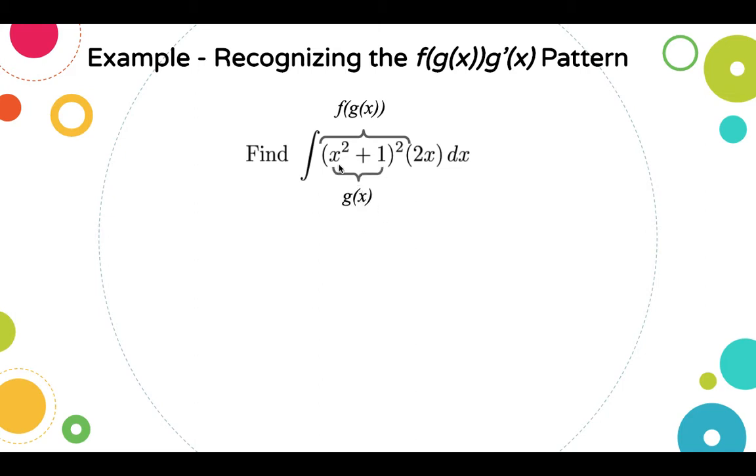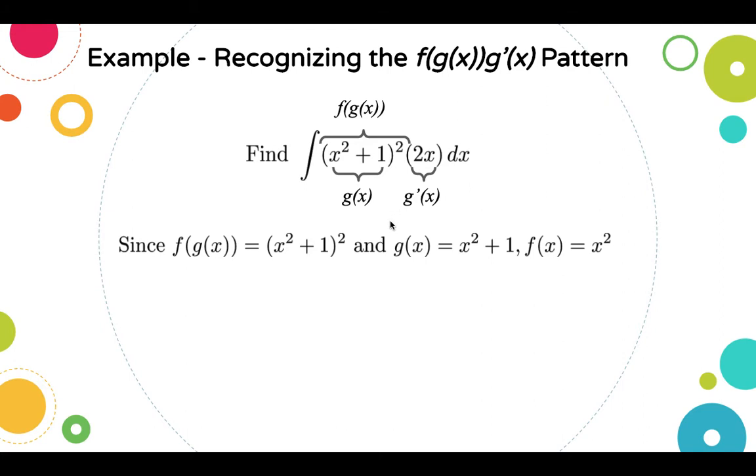If my g of x is x squared plus 1, the derivative of x squared plus 1 is 2x. So we see here we have the composite function and the derivative in here. My function f was just x squared. So this is how it all fits together.